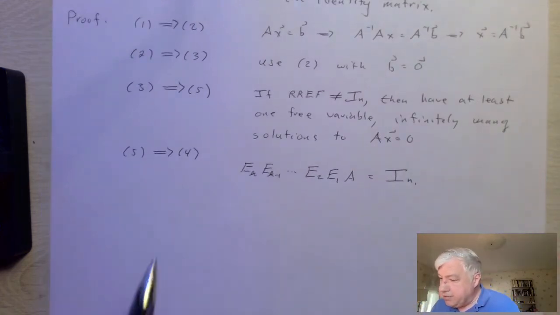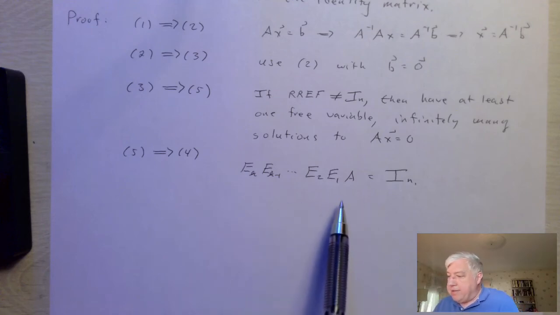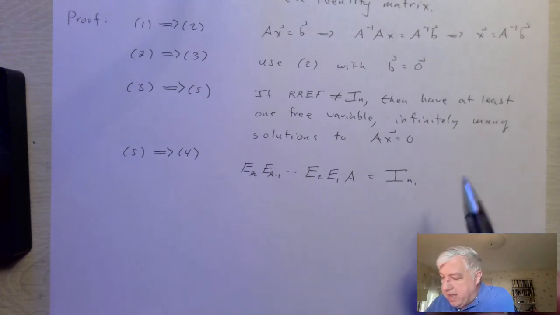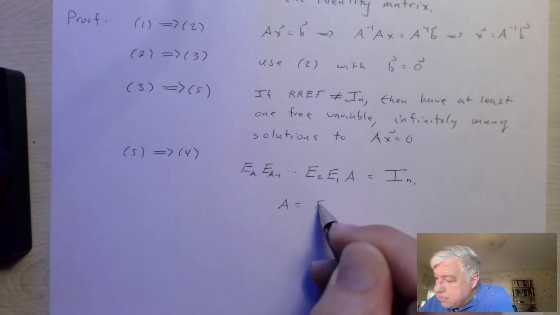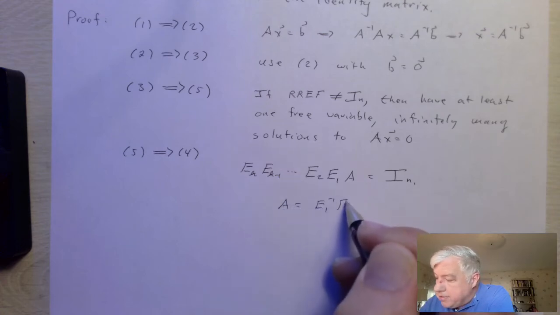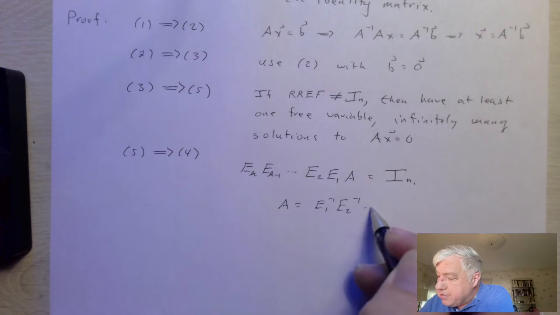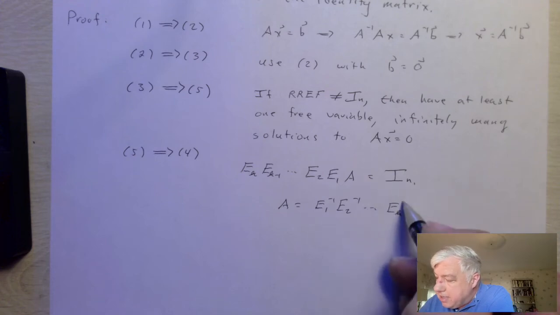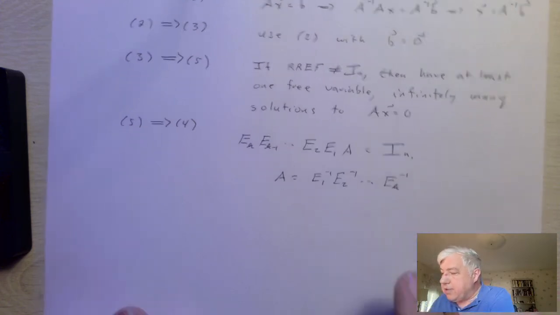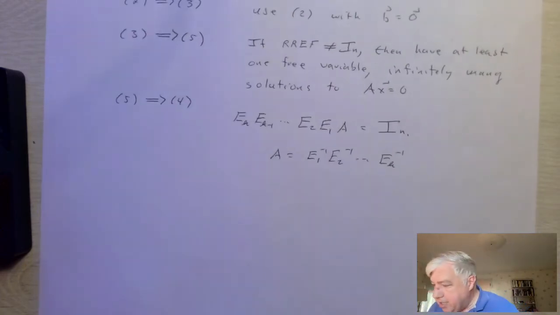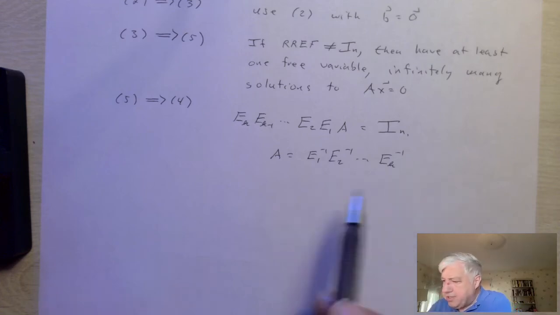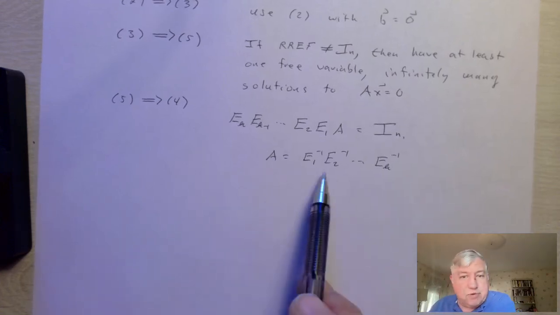From there we showed that A is in fact E1 inverse, E2 inverse, through Ek inverse. Okay, so we proved that. And then we see that A is invertible because we can see what the inverse is.